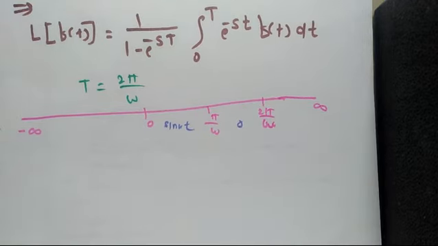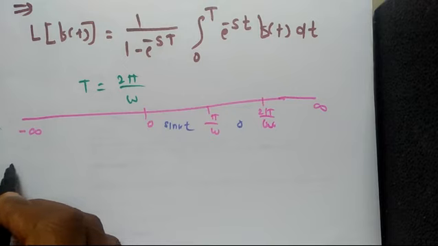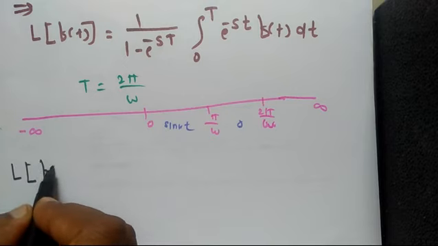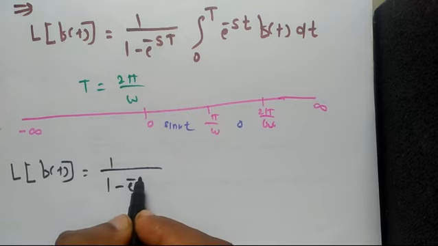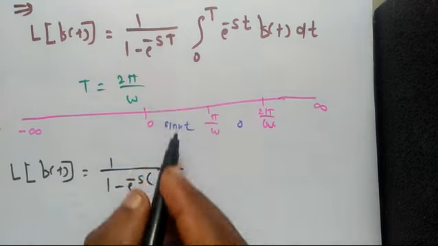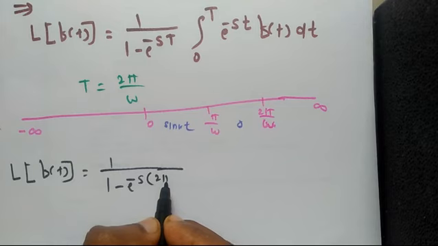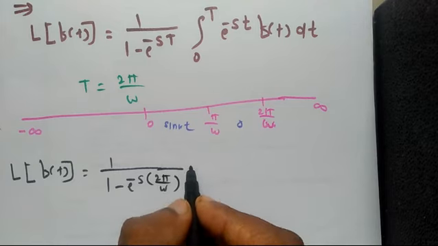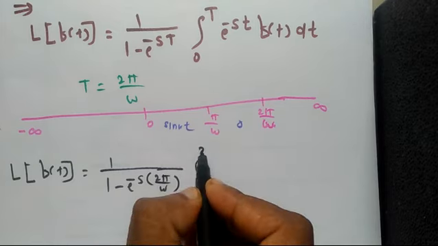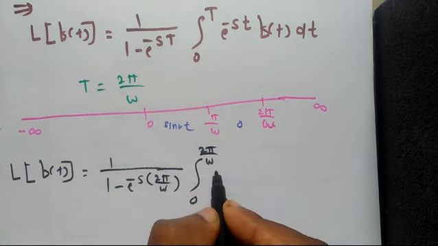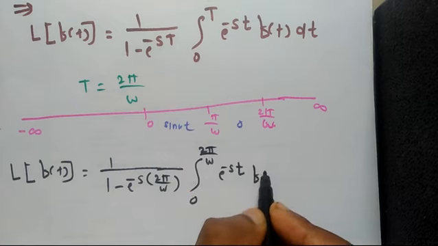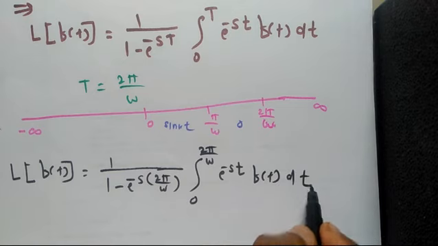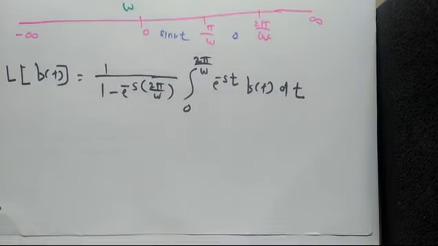we will start this. Laplace transform of f of t is 1 upon 1 minus e to the power minus sT. What is the value of this capital T? 2 pi by w, 0 to 2 pi by w, e to the power minus st f of t and here dt.